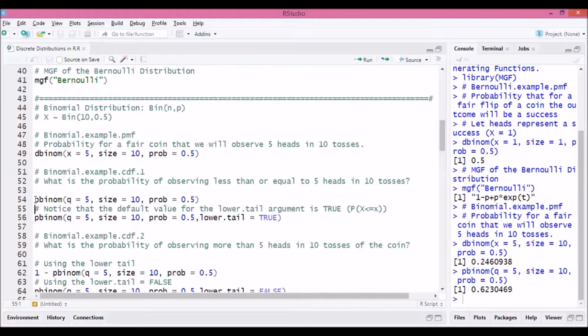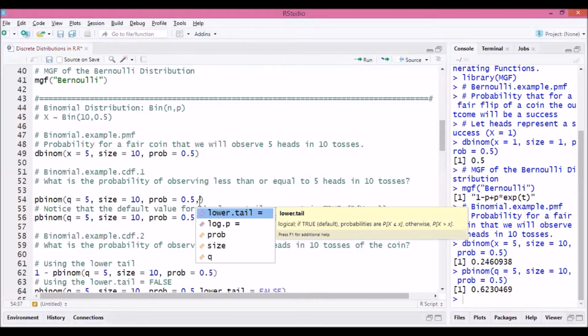This pbinom function has a bunch of arguments in it. We have lower.tail, which gives us the probability that x is less than or equal to q. If you set this lower.tail argument to be false, then it will give you the probability that the random variable x is greater than q.